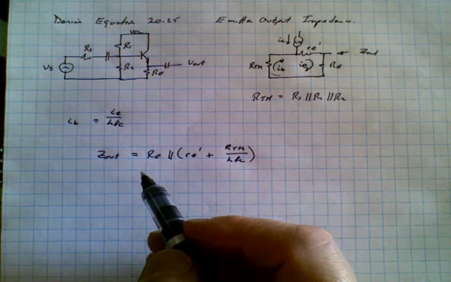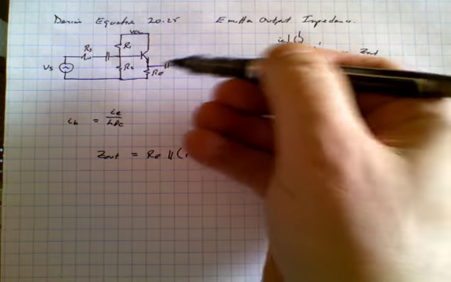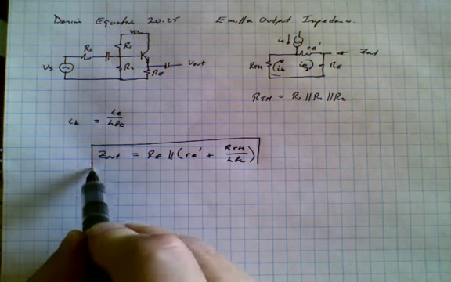So there we have it: the output impedance looking into the emitter of a common emitter amplifier.